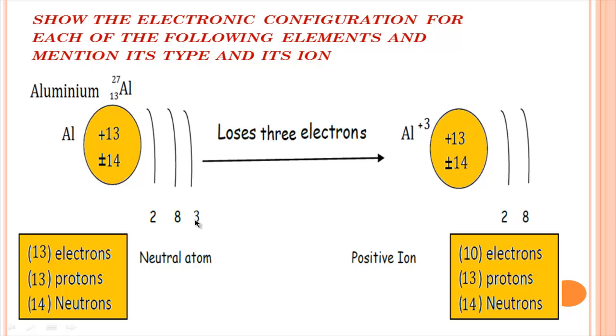So aluminium will lose 3 electrons to form a positive aluminium ion. Why? Because it will lose this energy level with the 3 electrons and become Al 2-8. It becomes a positive ion, as we know, because the positive protons, 13, become more than the negative electrons, 10.